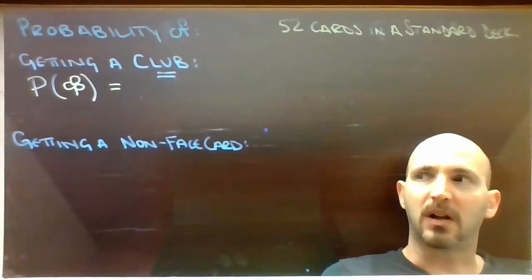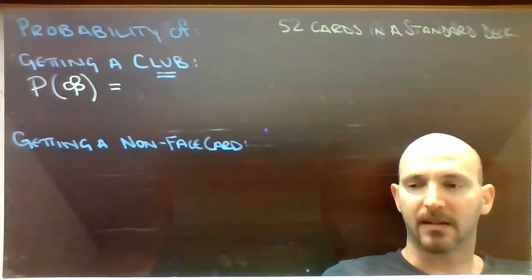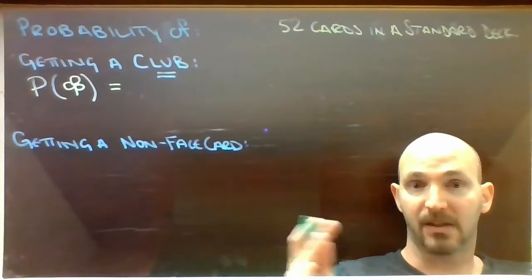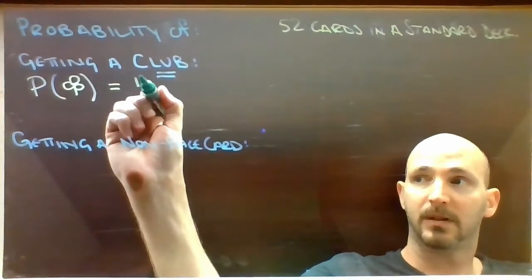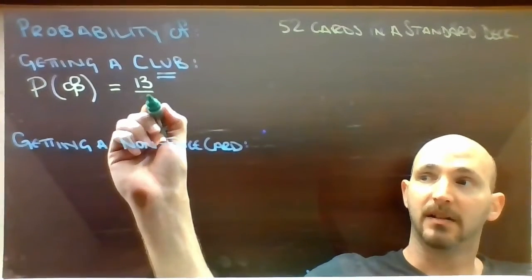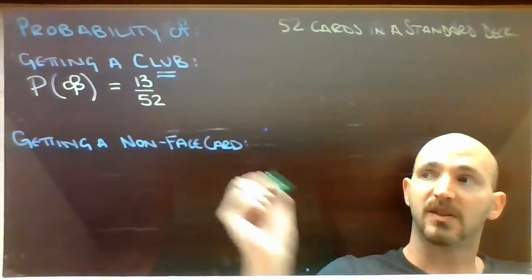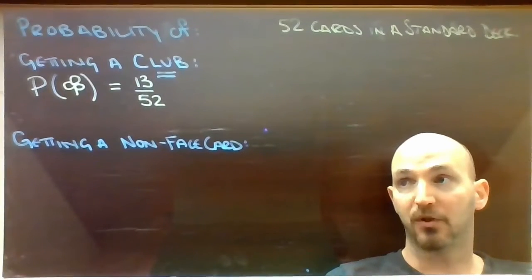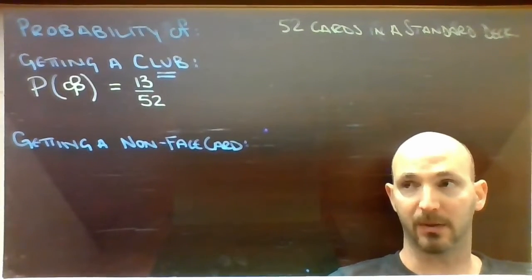So if you think about clubs, in a standard deck there are 13 clubs, ace through king, and there are 52 cards in a standard deck. So the probability of getting a club should be 13 out of 52.